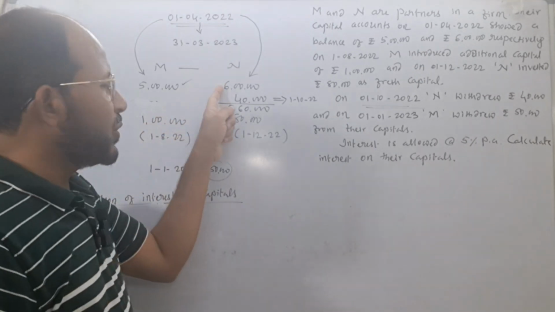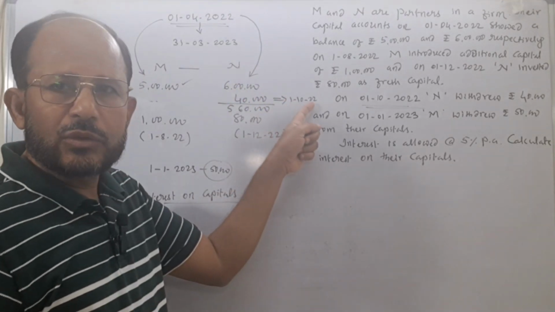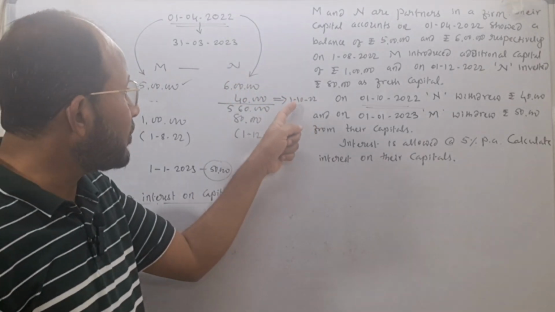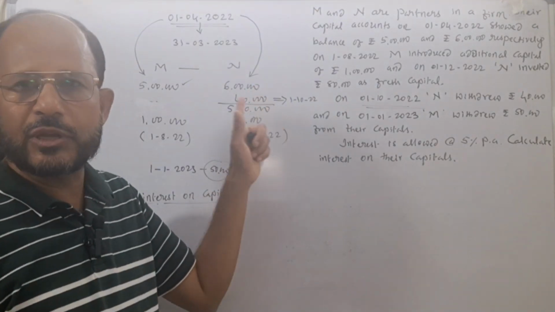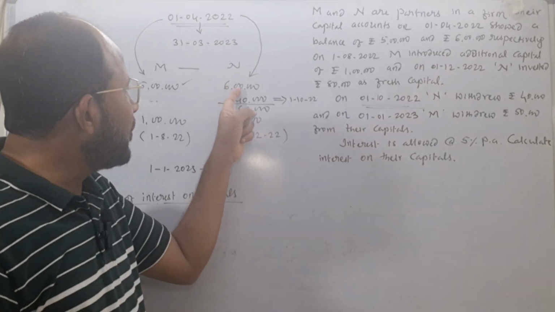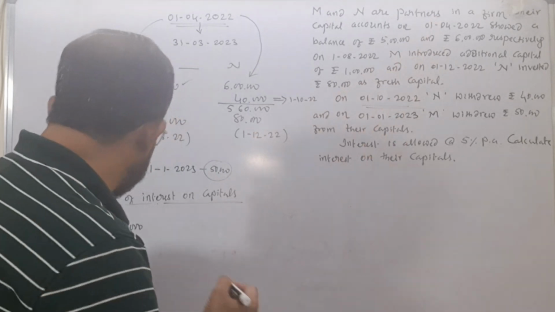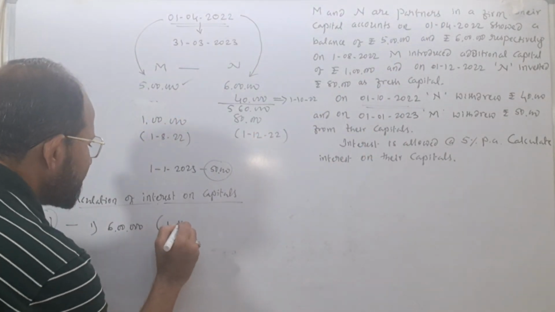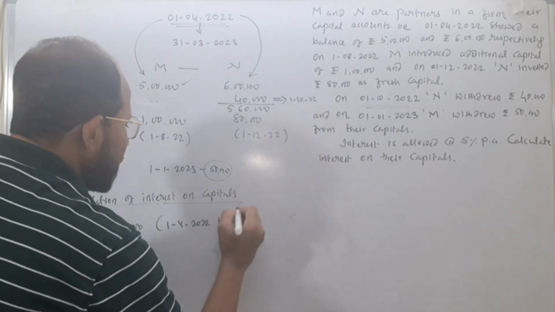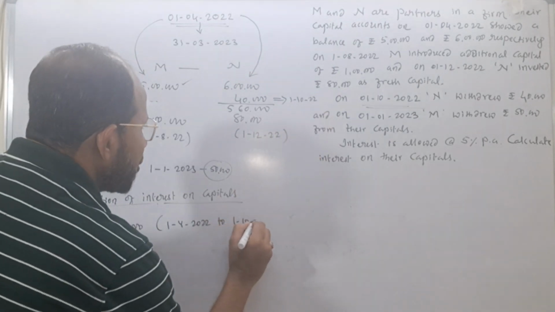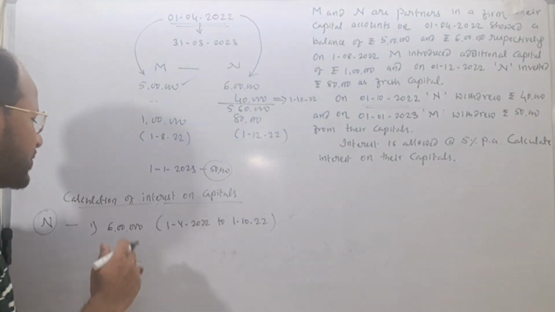This amount was used, rupees 6 lakh was used up to 1st October 2022. Because on 1st October 2022, he withdrew rupees 40,000 from the business. That is why this amount of rupees 6 lakh was used from 1st April 2022 to 1st October 2022.